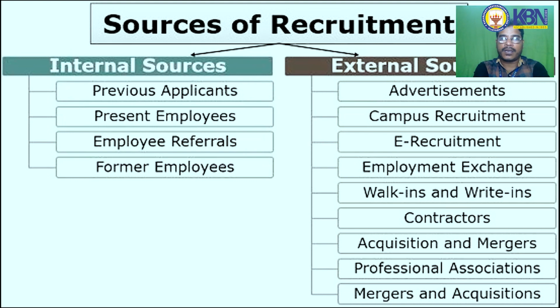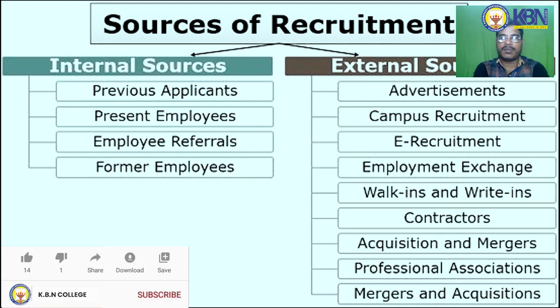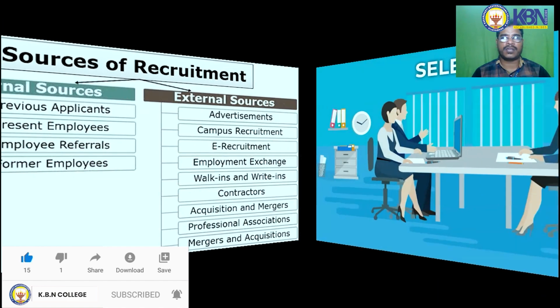Acquisitions and mergers, and even professional associations like lawyers' associations and teachers' associations, right? From all these professional associations also, we can get the required number of people to apply for the job vacancies. And even mergers and acquisitions become a common external source available to organizations.